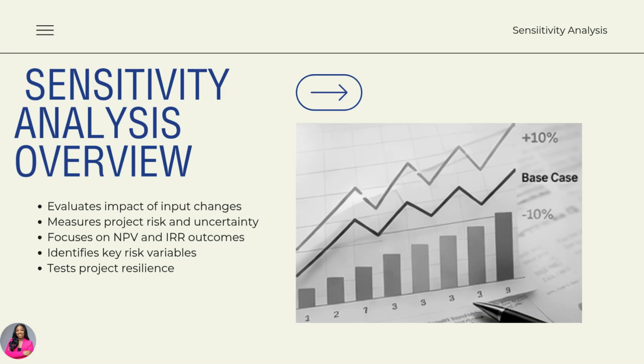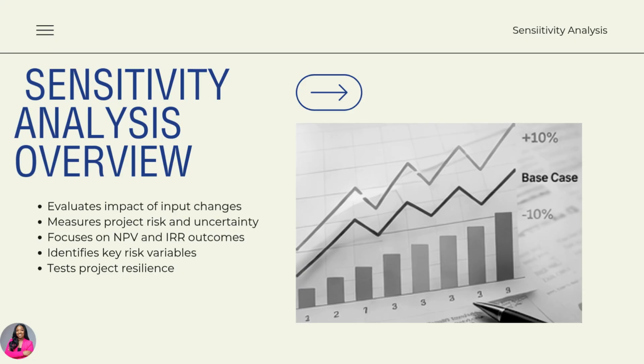So, next, we're going to talk about sensitivity analysis, which is a technique used to evaluate how changes in key input variables impact the outcome of a financial model. It focuses on important metrics such as net present value, or NPV, and internal rate of return, also known as IRR.